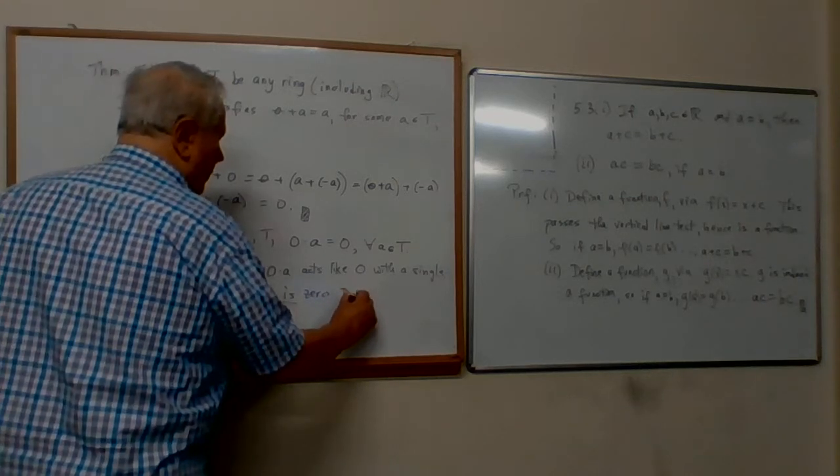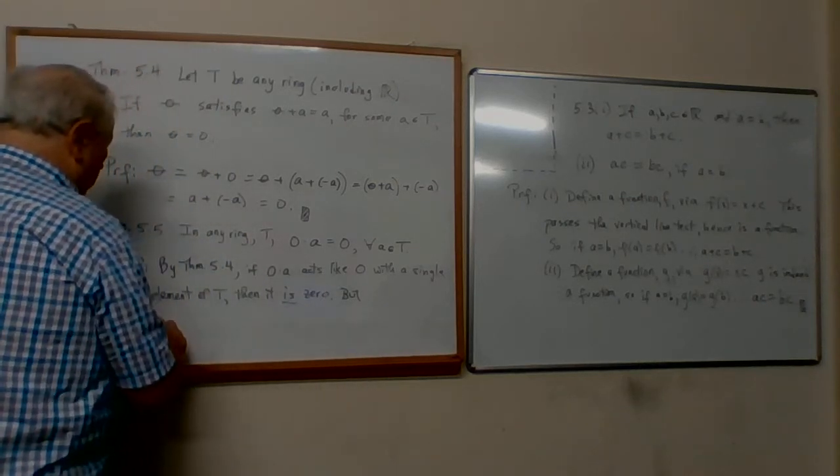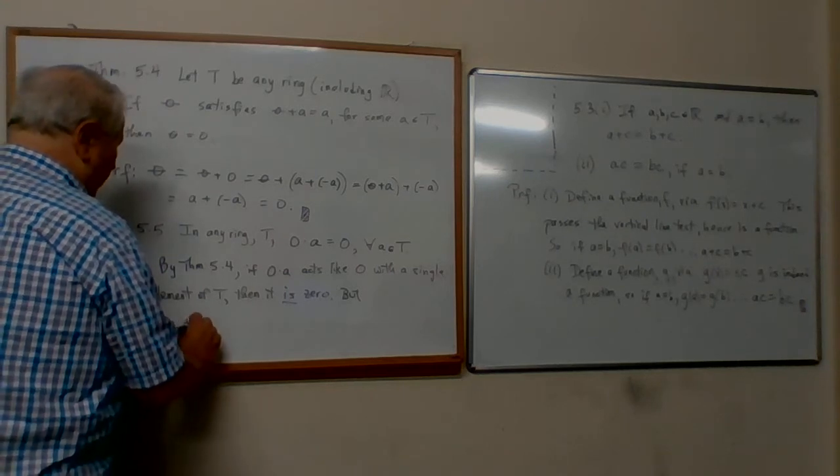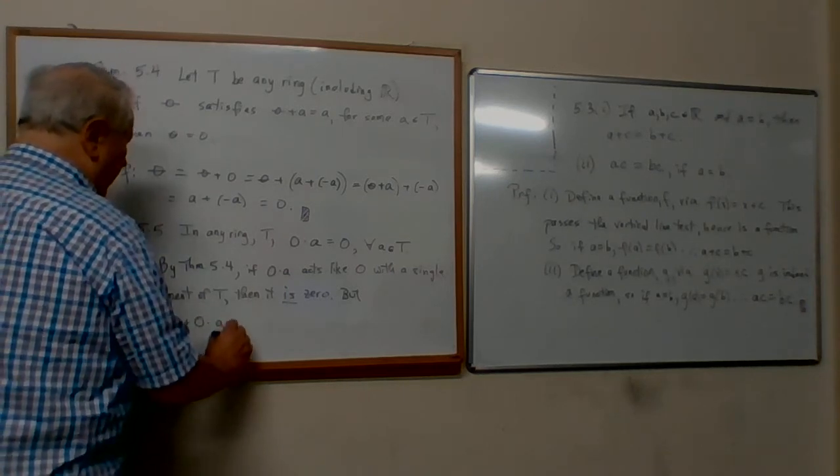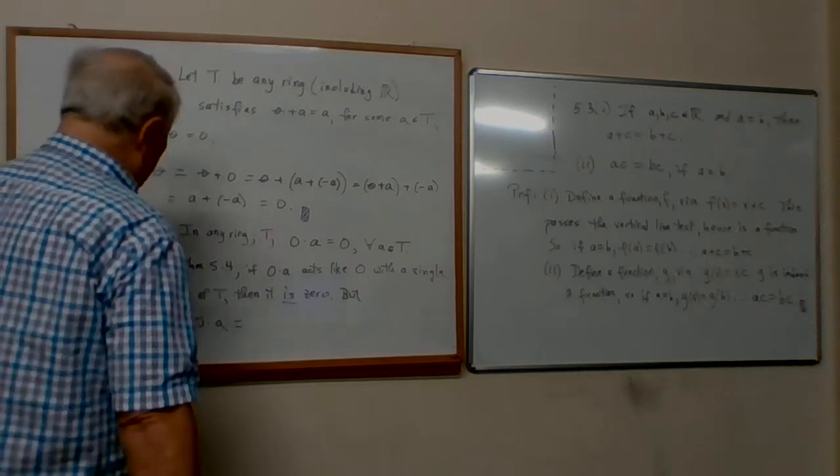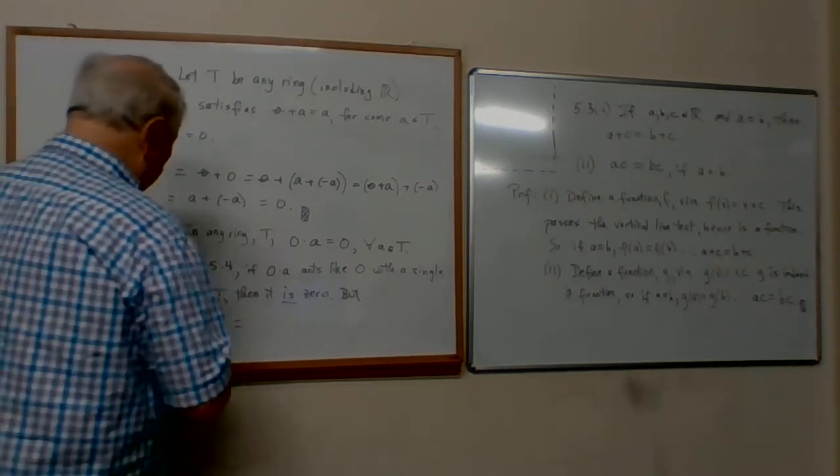But 0 times A plus 0 times A is equal to, well, let's see. I can factor this.